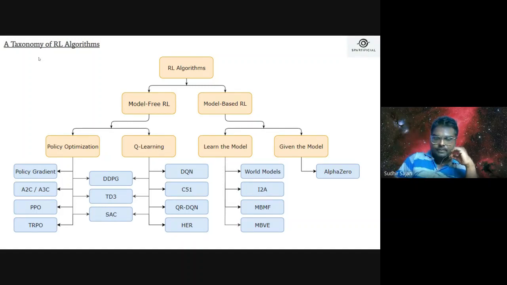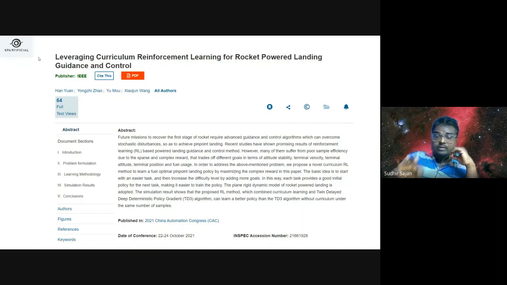And great, these are the papers. For example, current research on how reinforcement learning is utilized for rocket-powered landing guidance and control. People are doing the latest research, 2021.